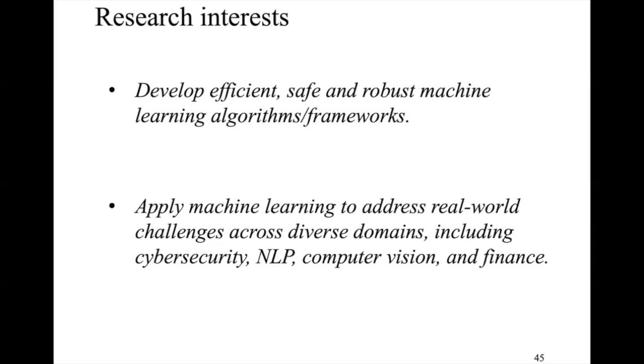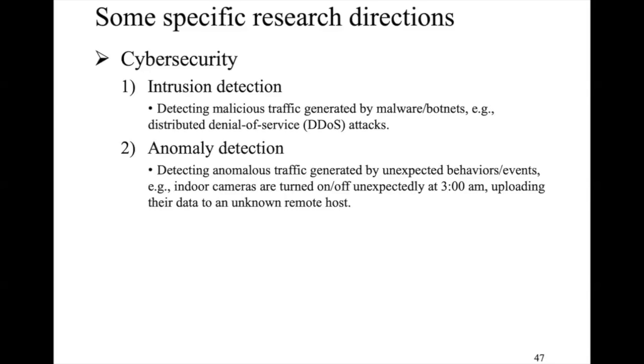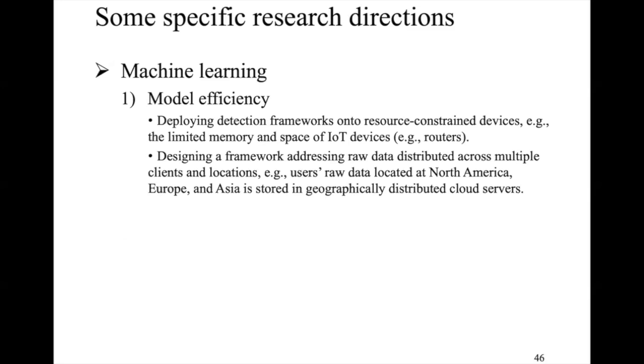Another thing I'd like to briefly introduce is my research interest. The first is deploying efficient, safe, robust machine learning algorithms, and the other is using these to address real-world issues, maybe in cybersecurity, NLP, or finance. Here is some previous work. One is machine learning model efficiency, which we already mentioned.